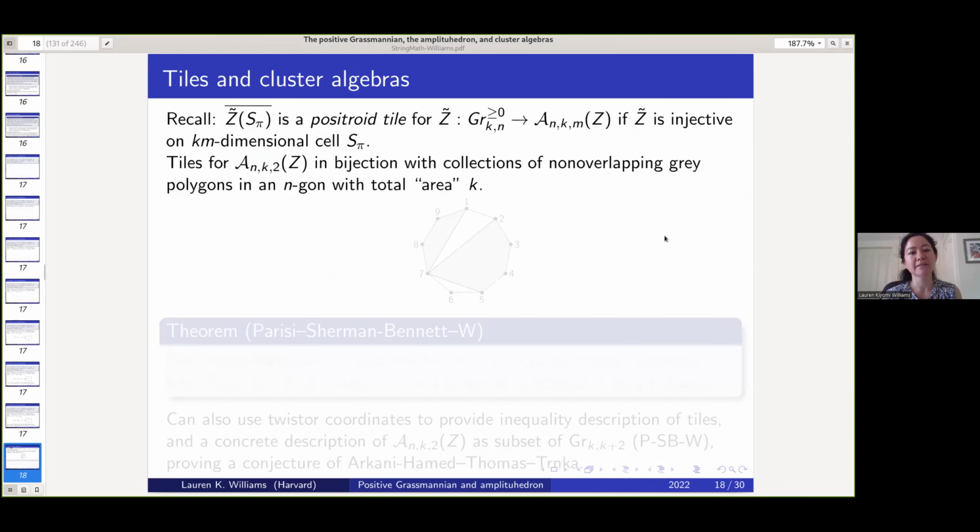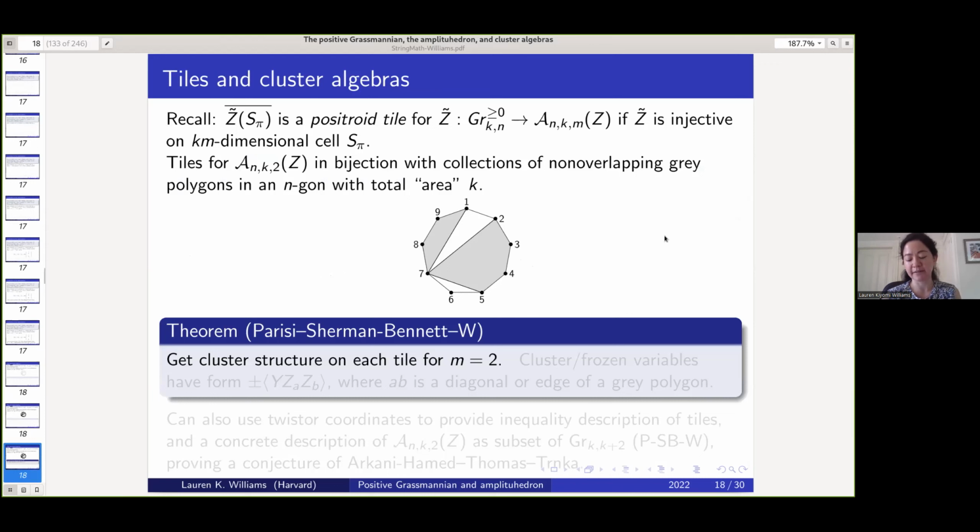Okay, so I mentioned that for m=2, we have a classification of the tiles of the amplituhedron. And it turns out that there's a cluster structure on each one of these tiles. Our cluster coordinates are exactly plus or minus the twistor coordinates <Y Z_A Z_B>, where AB is a diagonal or an edge of a gray polygon.